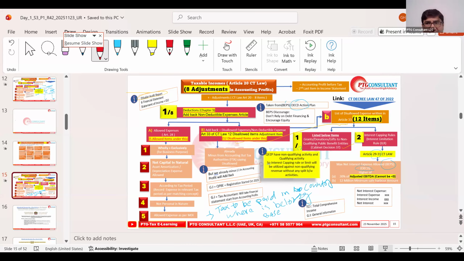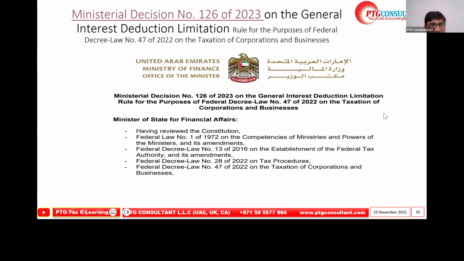This screen will not appear to you. Okay, guys, you can see my screen.